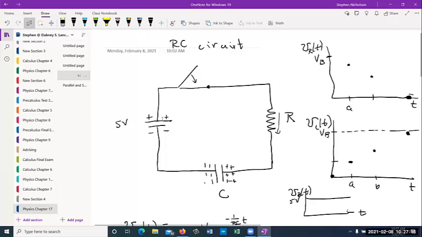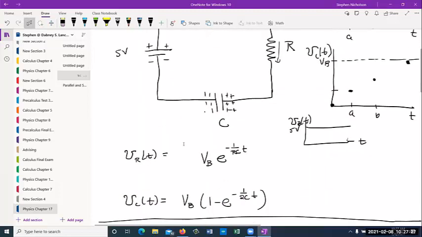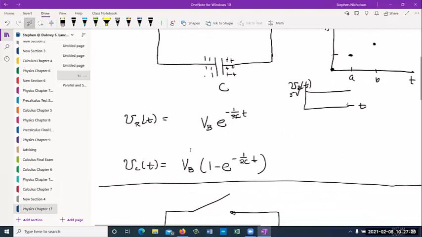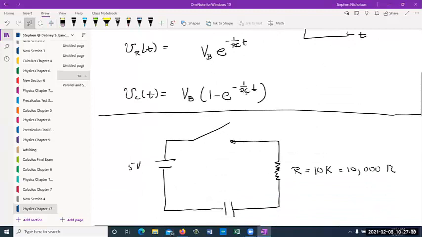You close the switch, the charge starts to flow, starts to charge the capacitor. You start to get a voltage across the capacitor, which then reduces the voltage across the resistor. We're going to show how to derive these equations in calculus. But for the test, you just have to know what they are and how to plug the numbers in. The product of the resistance and the capacitance gives us a good idea of how quickly the capacitor is going to become charged.